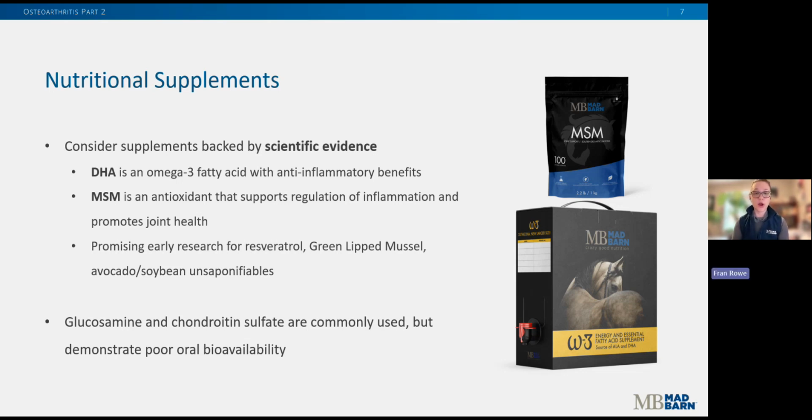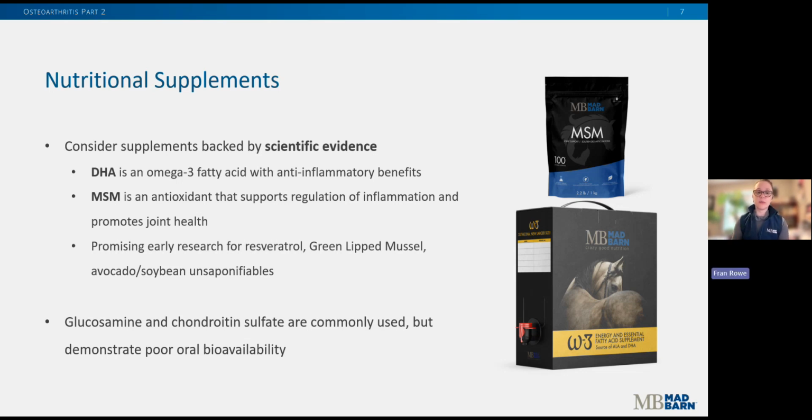There's also some really promising early research for resveratrol, green-lipped mussel, avocado, or soybean unsaponifiables. So you can definitely keep an eye out for products that include those ingredients in their formulation.